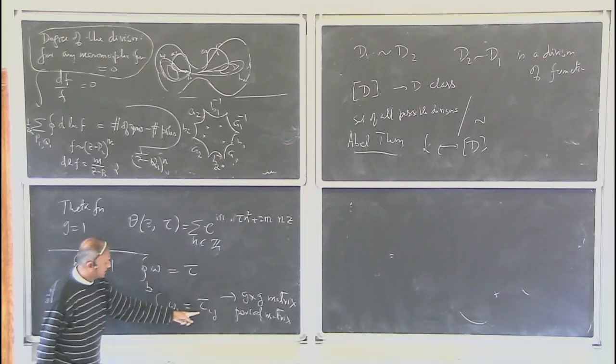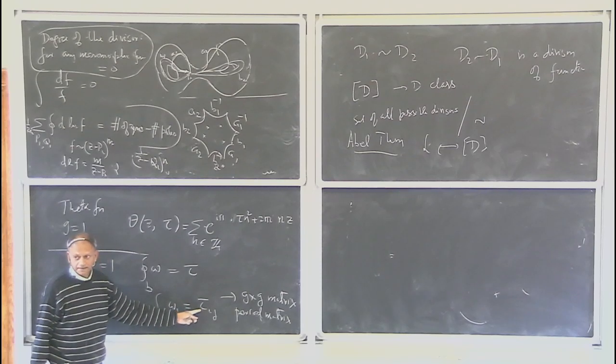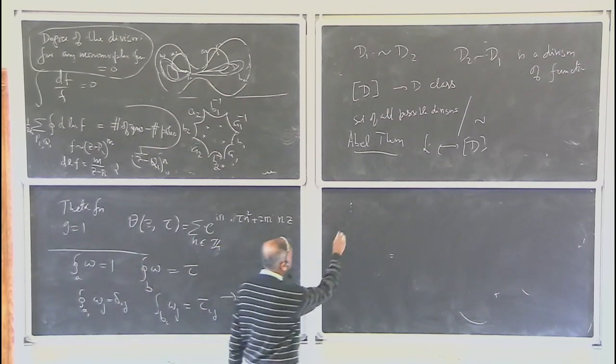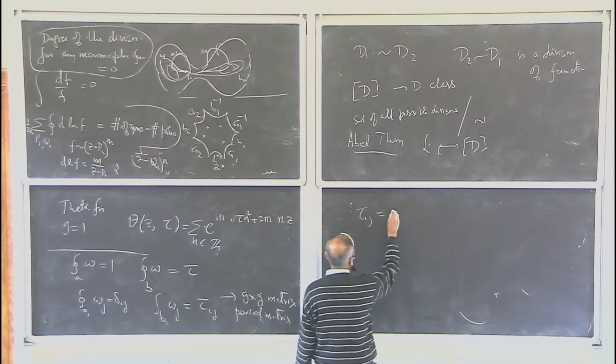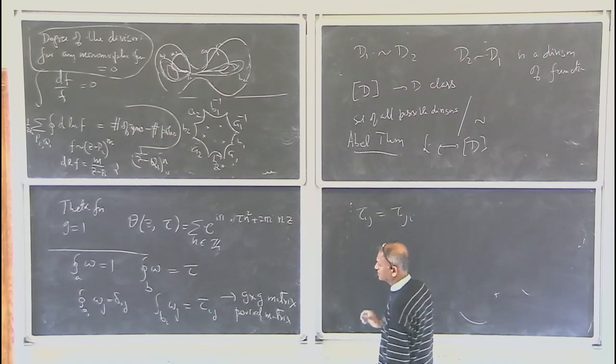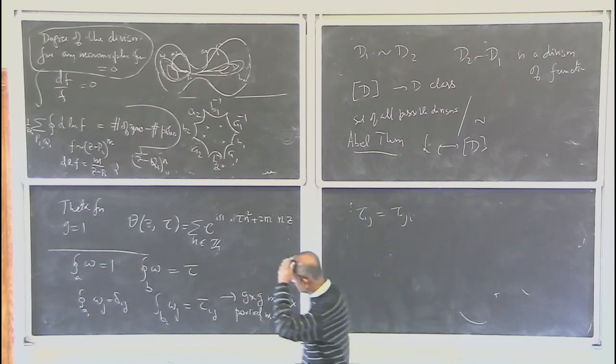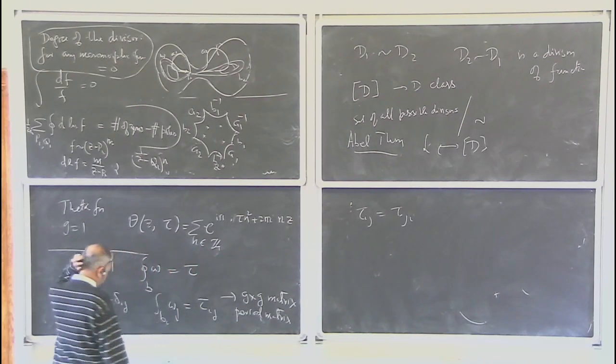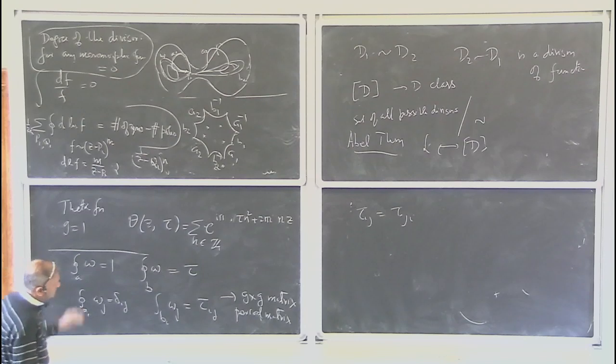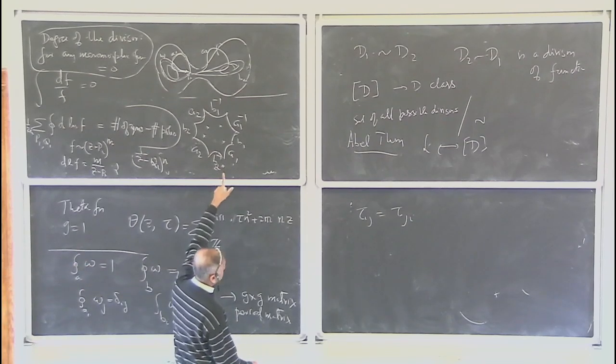This period matrix is in fact symmetric: tau ij equals tau ji. And the way to see this is the following. Yeah, that picture is better.